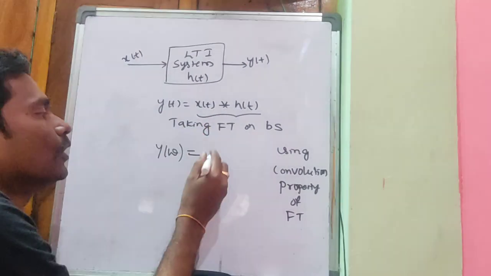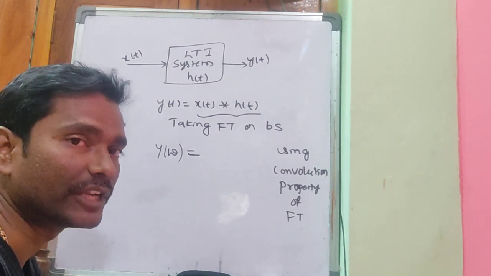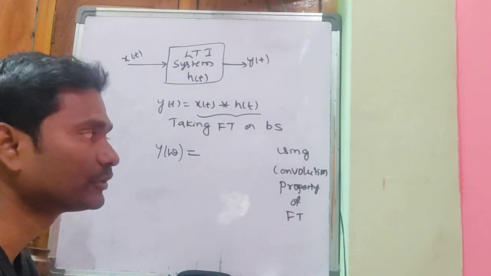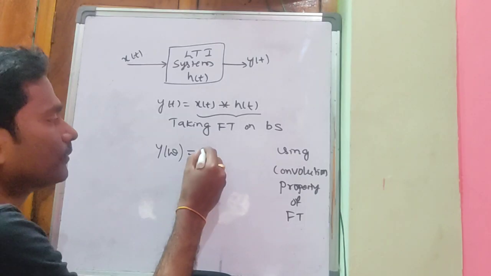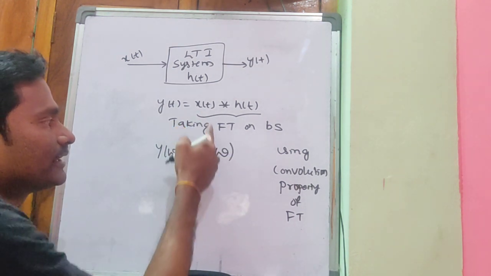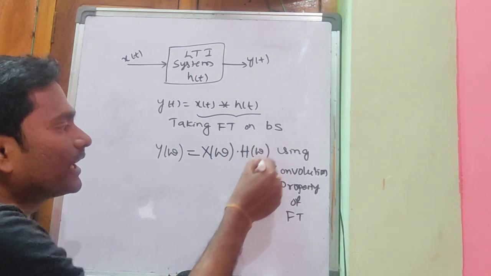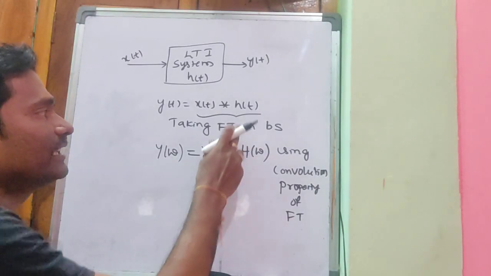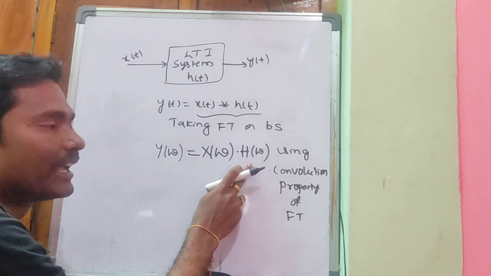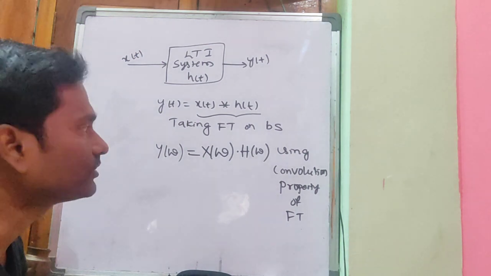x of t convolved with h of t becomes multiplication in the frequency domain. If you don't know the property, please refer to the convolution property of the Fourier transforms. That is X of omega, the frequency domain representation of x of t, multiplied with H of omega, the frequency domain representation of h of t.